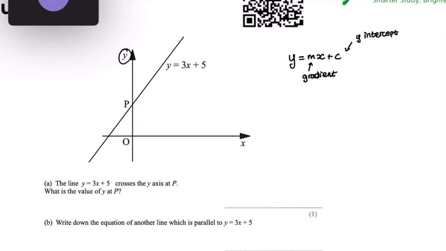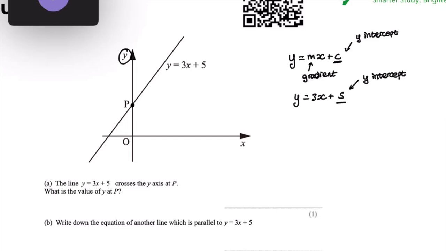So this is the y-axis, and the y-intercept is the point at which the line crosses it. As you can see, the line crosses the y-axis over here, and the c tells you the y coordinate where it crosses. In the equation y equals 3x plus 5, this 5 represents the y-intercept, the point at which the line crosses the y-axis.